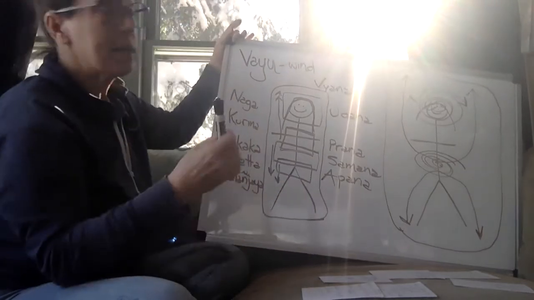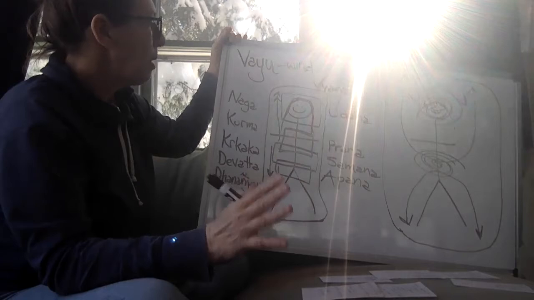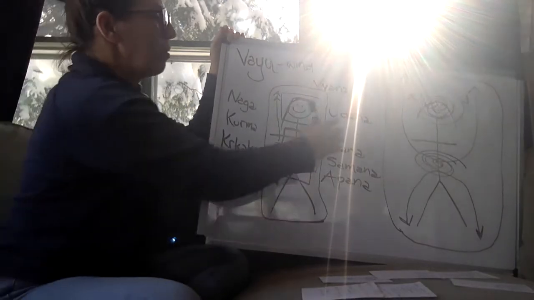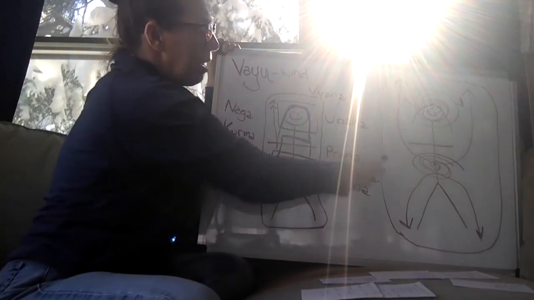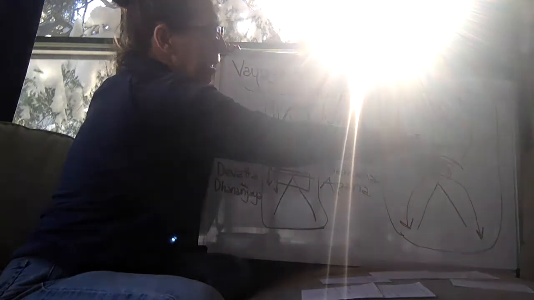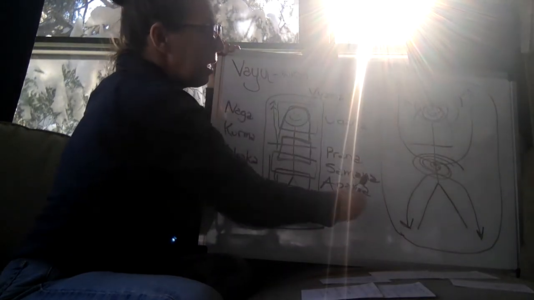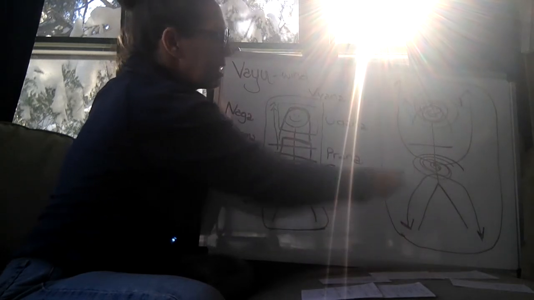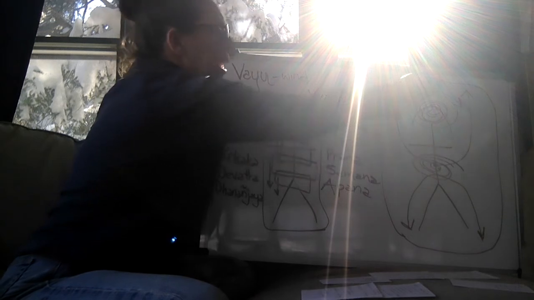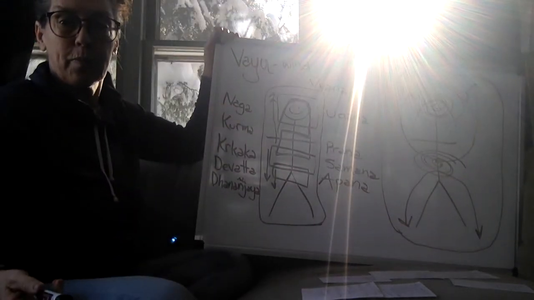So, okay, Panchavayu, 5 winds. Vayu means wind, and they are Udana for the head, Prana for the lungs and heart and chest, Apana for the belly button down, Samana for the digestive fire, and Vyana for the overarching, holding everything together.